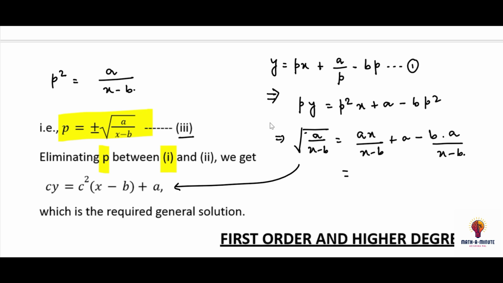In this way we can find the general solution and singular solution. I think it's very easy to calculate. You can just simplify this in this way: ax plus ax minus ab, and here this value is ab.